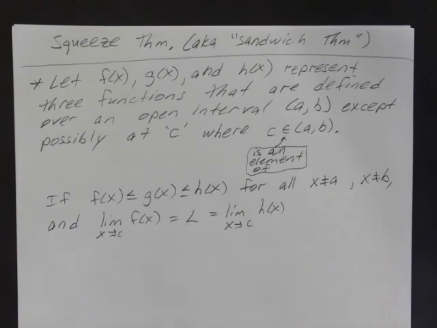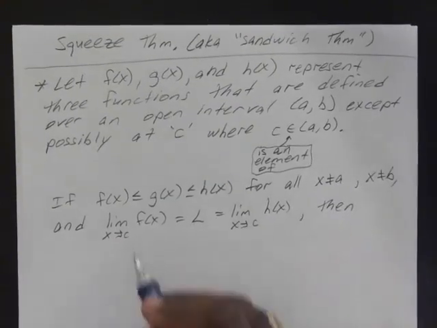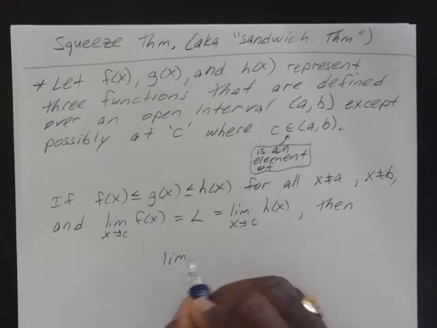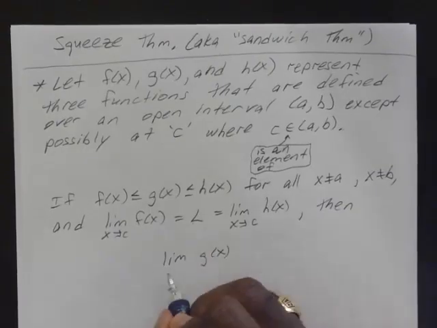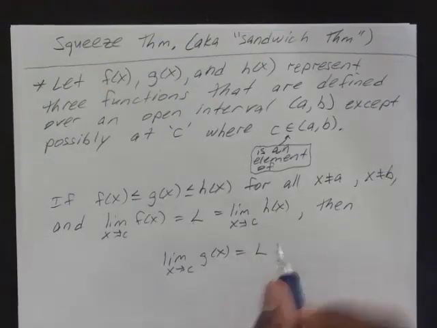Okay. Now, if all of these conditions are met, then we can finally say that the limit of g of x as x approaches c is also equal to that same limit value L.